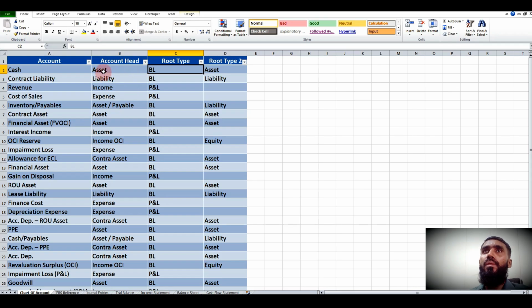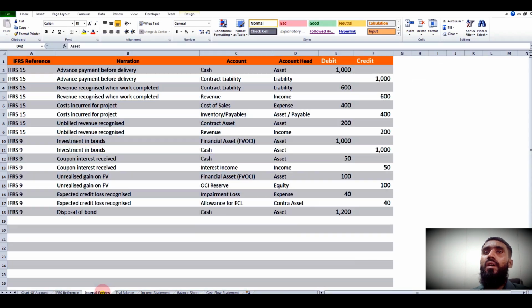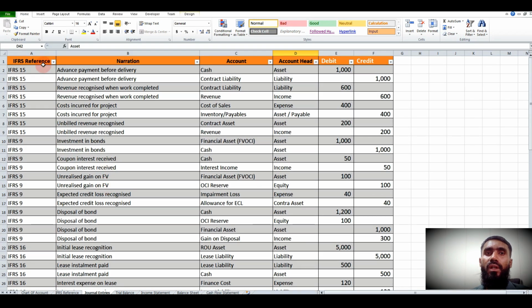Root type: which is the asset for the balance sheet, P&L statements, cash flow statements, which statement the account belongs to. Now I have passed some entries for clarification. I'm moving forward to the journal entries.